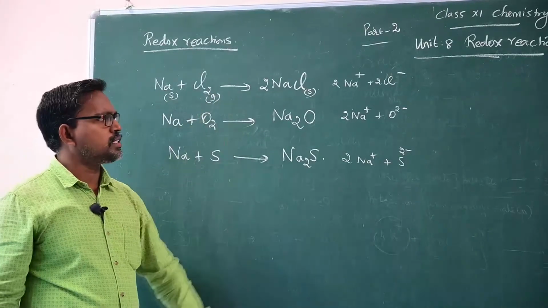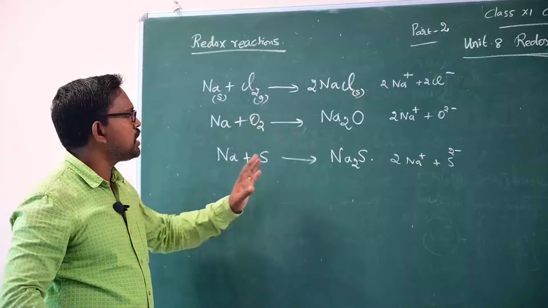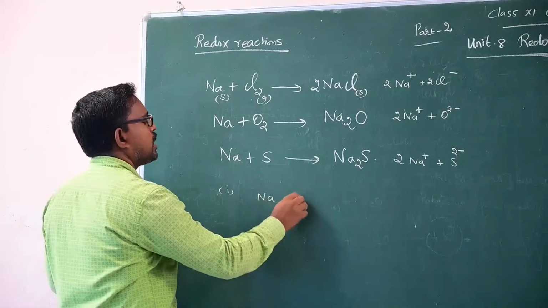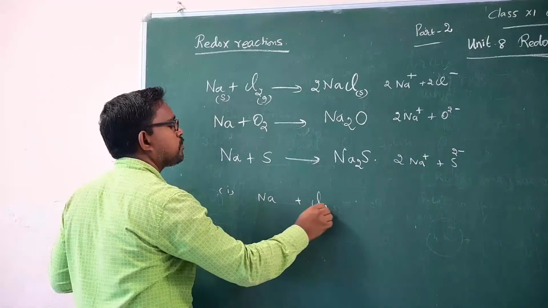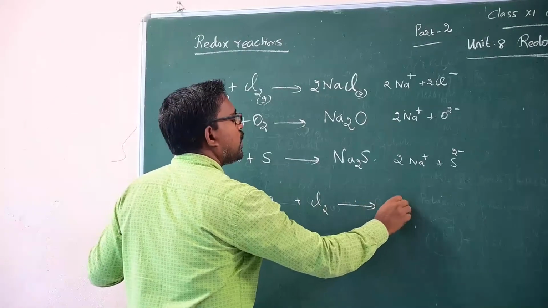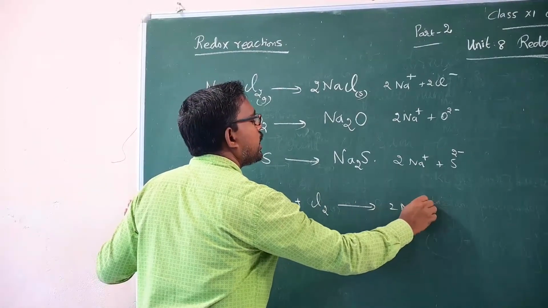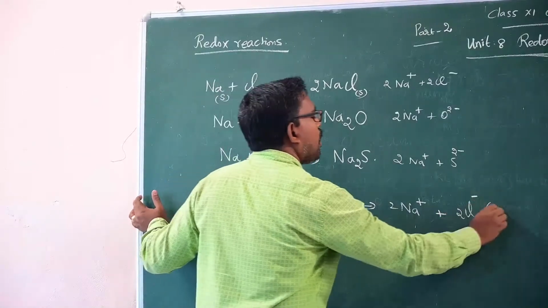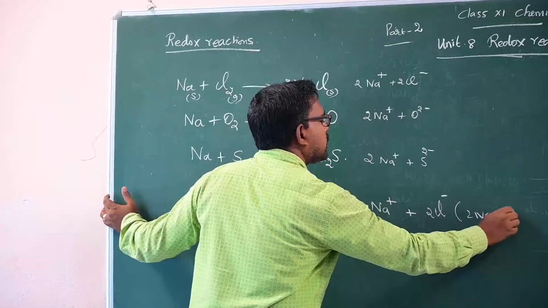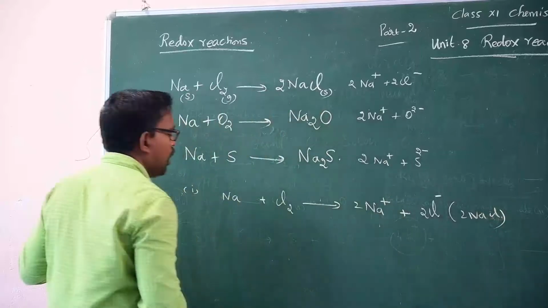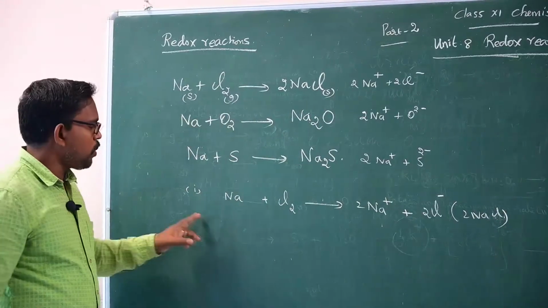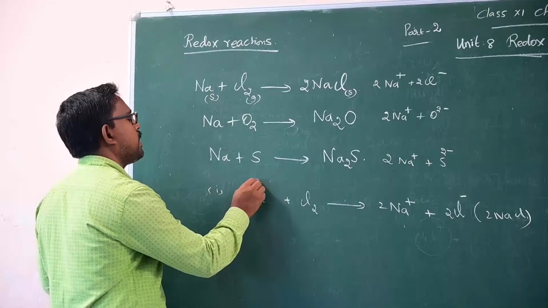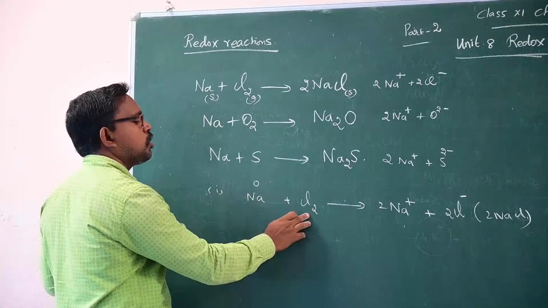How do both oxidation as well as reduction take place in this process? Listen carefully. Sodium reacts with chlorine to give 2 Na+ and 2 Cl-, or simply 2 NaCl. Sodium in the elementary state has oxidation state 0.